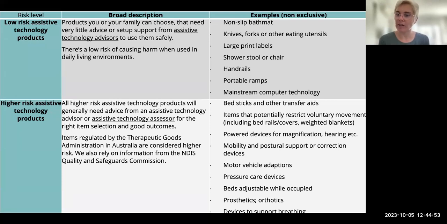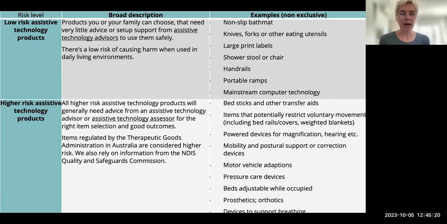This includes bed rails, covers, weighted blankets, powered devices for magnification, hearing, etc., mobility and postural support or correction devices, motor vehicle adaptations, pressure care devices, beds adjustable while occupied, prosthetics, orthotics, devices to support breathing.